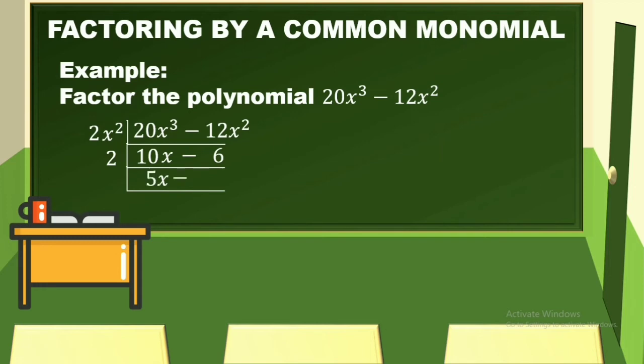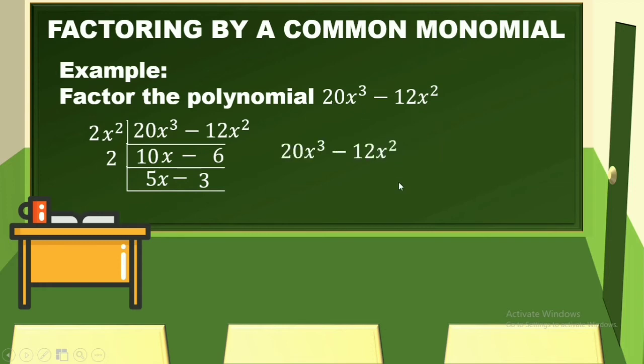Then, copy the operation. Then, 6 divided by 2, that is 3. Now, we have 5x minus 3. Is there any number that we can divide to 5 and 3? So wala na. So therefore, let us proceed now to the factors of this expression.